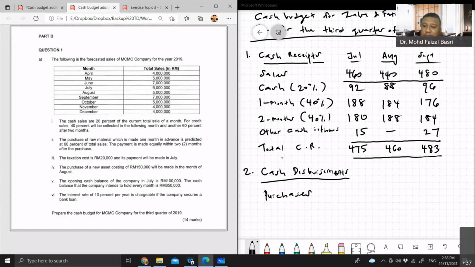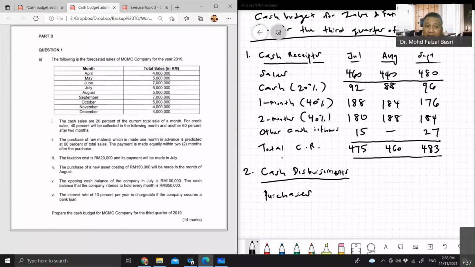So we have to use the sales figure for August, 5 million. We multiply with 60%, because the purchases is 60% of sales, and that will be our July purchase.